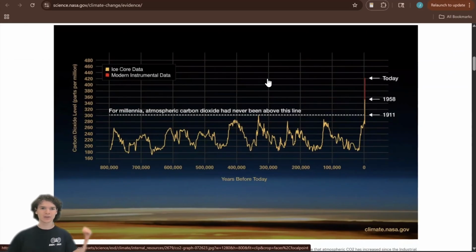But we see these trends in carbon dioxide in the atmosphere, and they rise and fall over these 100,000 year timescales. And then just in the past 150 years, we shoot up above a line that the Earth has never even gone above before in the past 800,000 years. This is a pretty clear indicator that something major has changed.